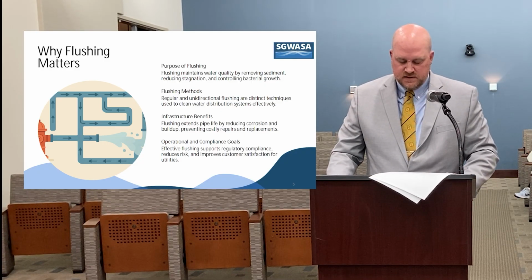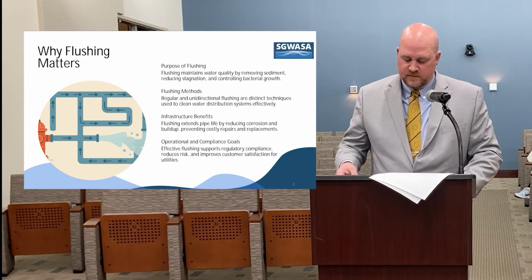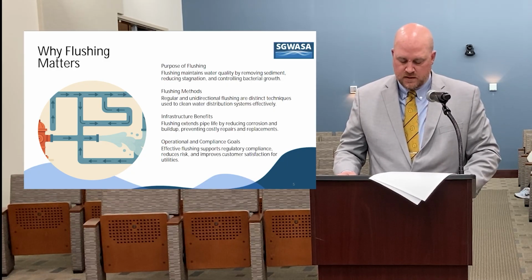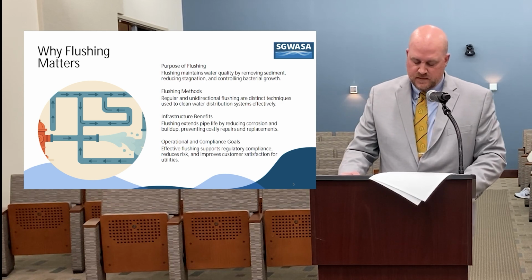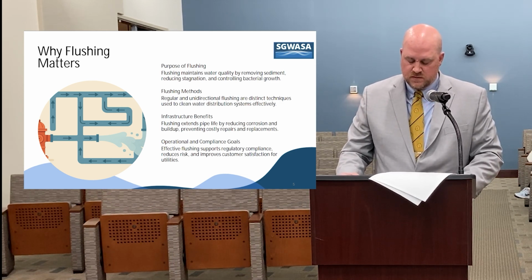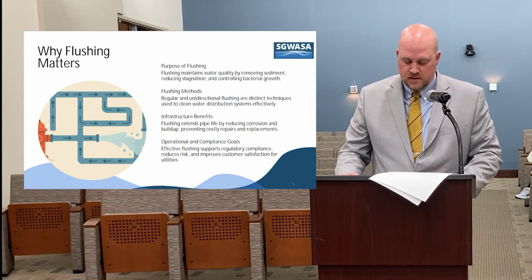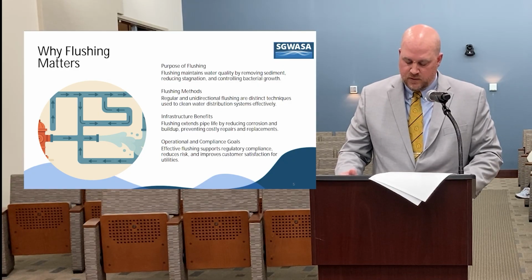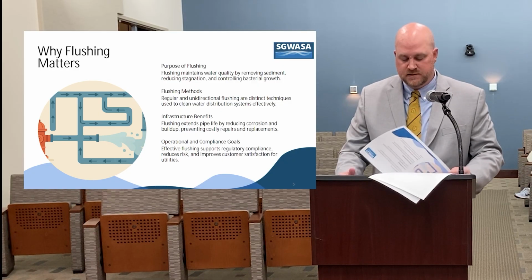The benefits of this, flushing extends pipe life by reducing corrosion and buildup, and also prevents costly repair and replacements. In operational compliance goals, effective flushing supports regulatory compliance, reduces risks, and improves customer satisfaction for utilities.